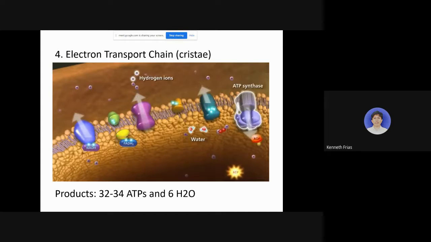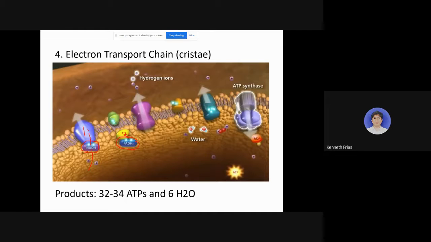First, remember there are two electron carriers, the NADH and the FADH2. They will go to these protein complexes. NADH will go to protein complex 1 and FADH2 will go to protein complex 2. And they will donate their electrons there.